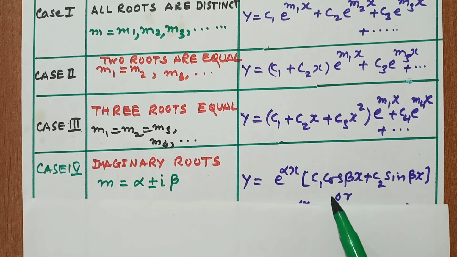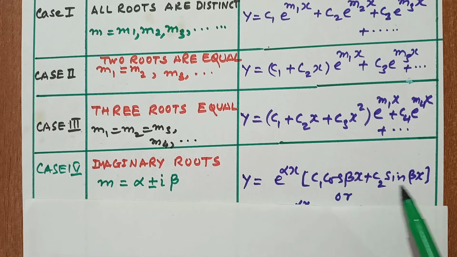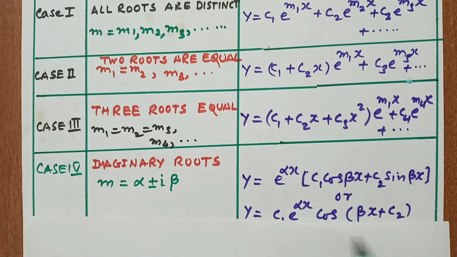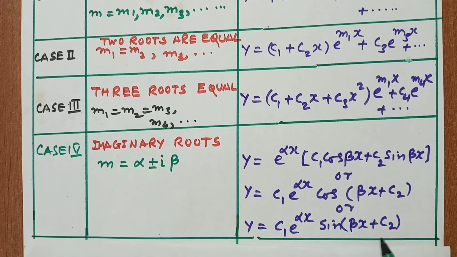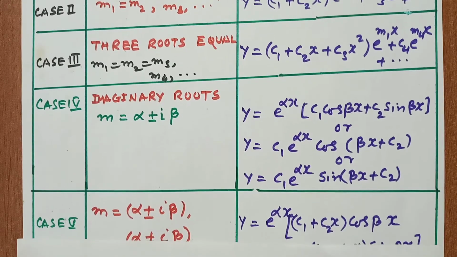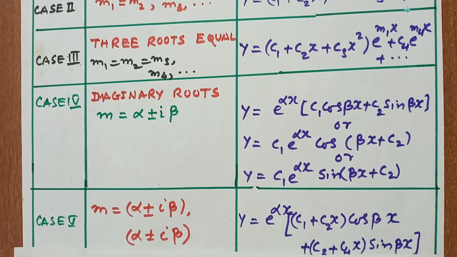First is y equal to e to the power alpha x (c1 cos beta x plus c2 sin beta x), or y equal to c1 e to the power alpha x cos beta x plus c2, or c1 e to the power alpha x sin beta x plus c2, where c1 and c2 are constants of integration.